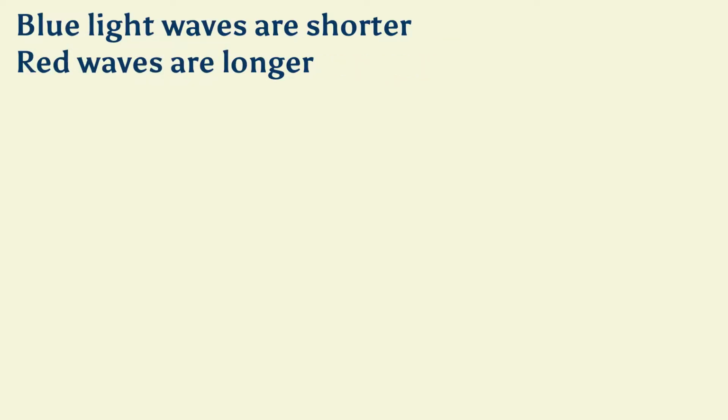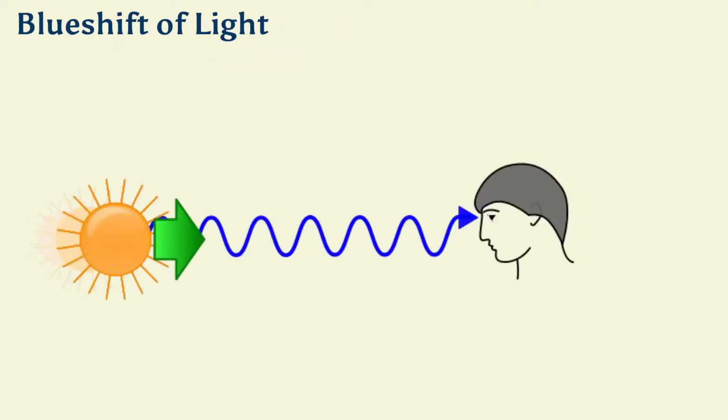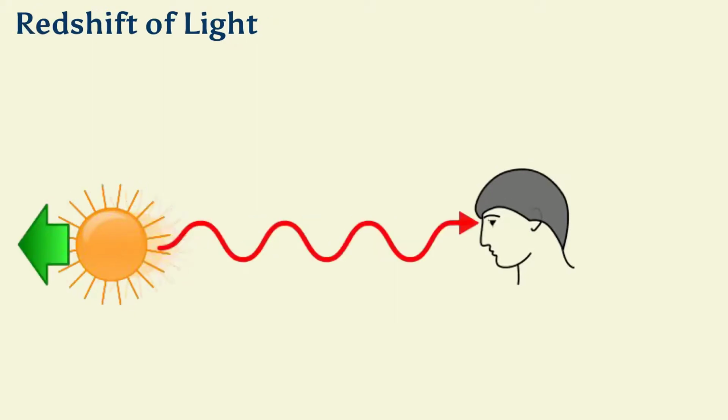Remember that blue light waves are shorter, red waves are longer. So if it were moving towards us, we call that a blue shift, because the light would appear more blue. And if it were moving away from us, the wavelengths would get longer, getting stretched out. So we would call that a redshift.